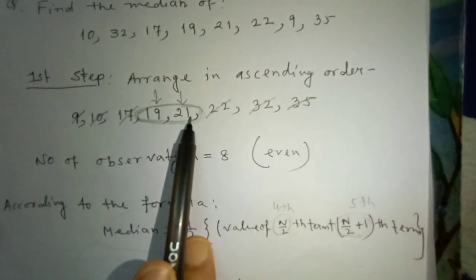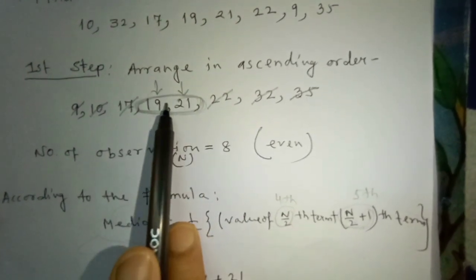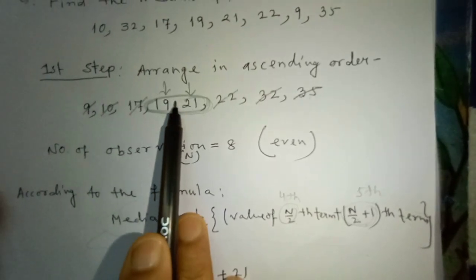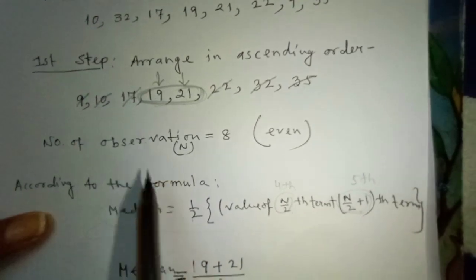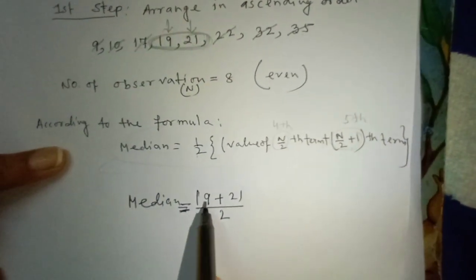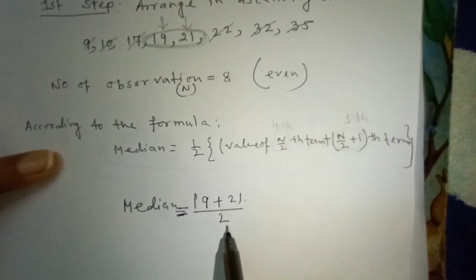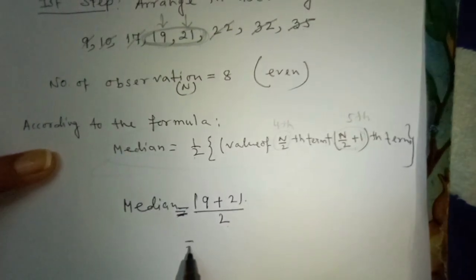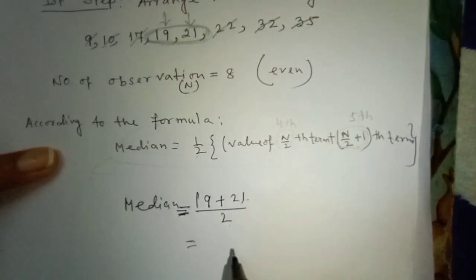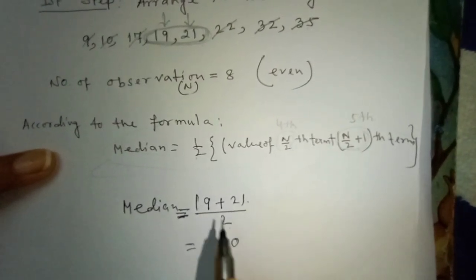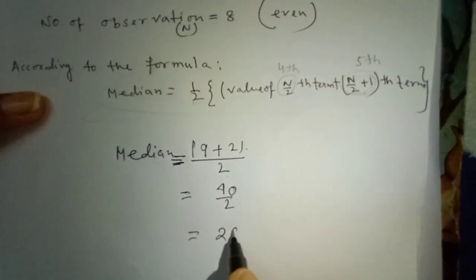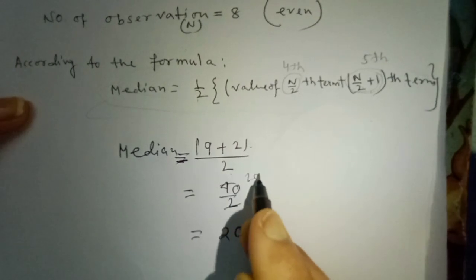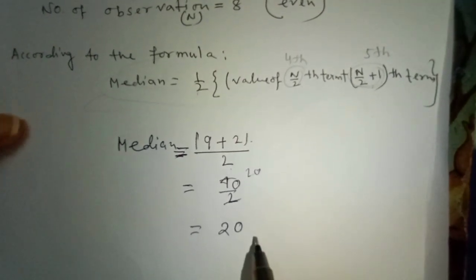So I have to find the middle number between these two numbers. So I will add 19 plus 21 by 2. See, the result is 9 plus 1 is 10, 1 carry 4, 40 by 2, and our result is 20. So our median value is 20.